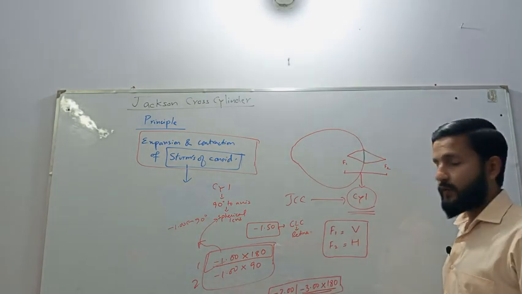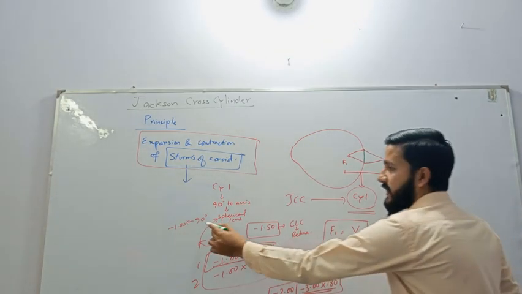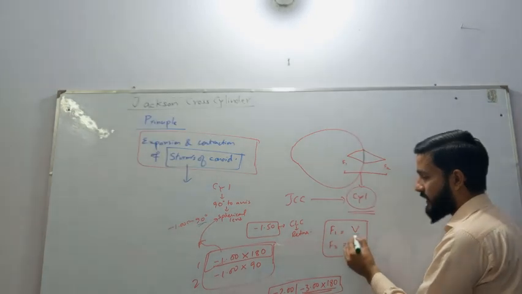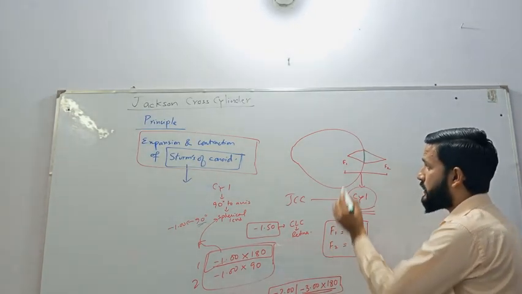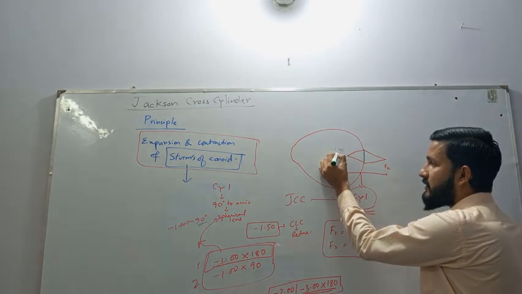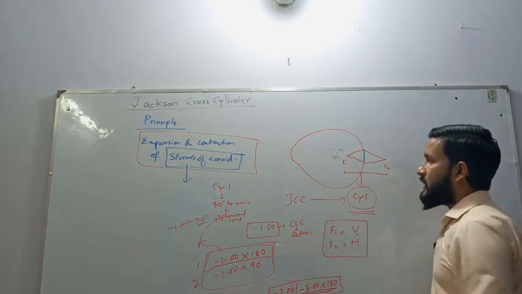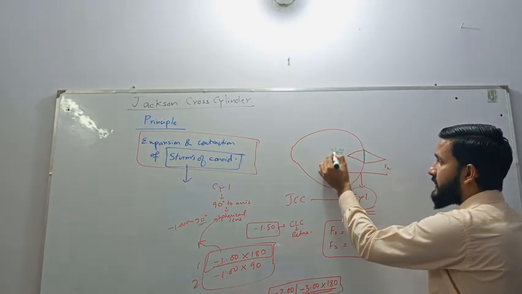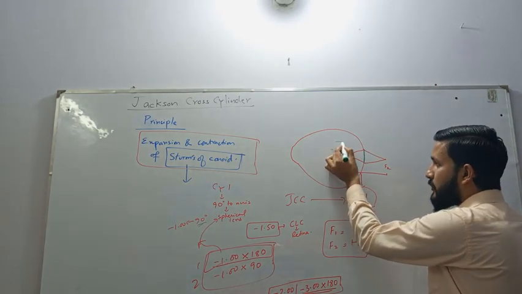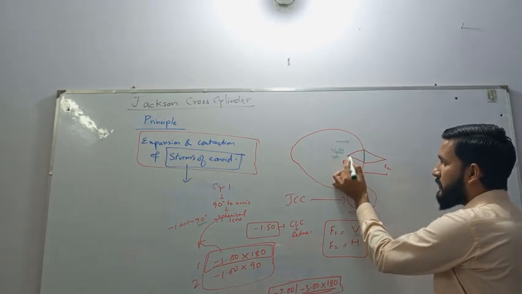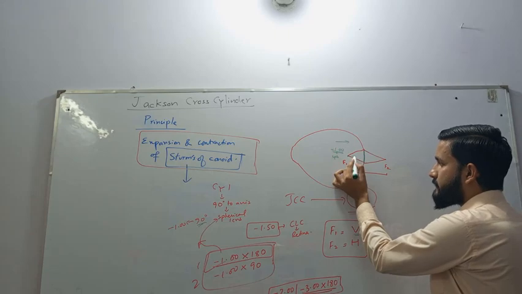So coming back to this configuration, now it will act at 90 degree meridian, which is the vertical meridian. Vertical meridian forms the F1. So here power of -1 will act, and this power will be spherical. And we know that minus spherical lens moves the focal point behind. So it will move this focal point right here.